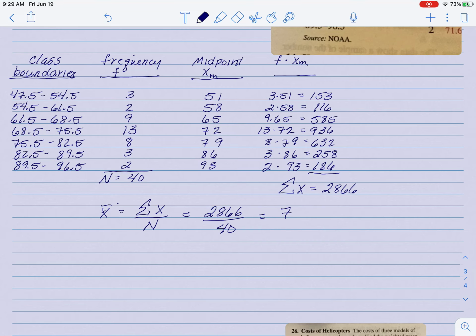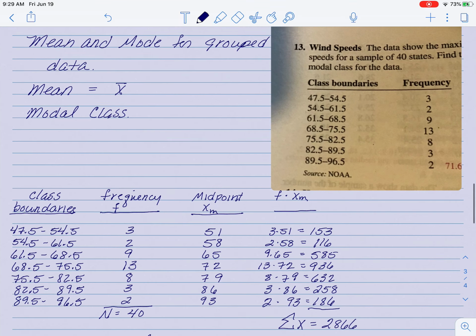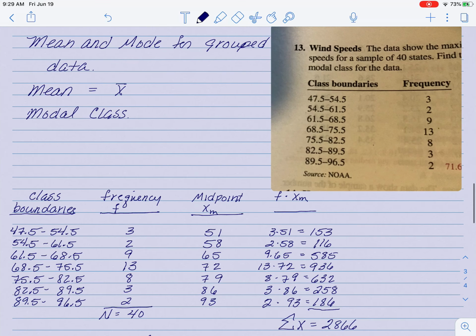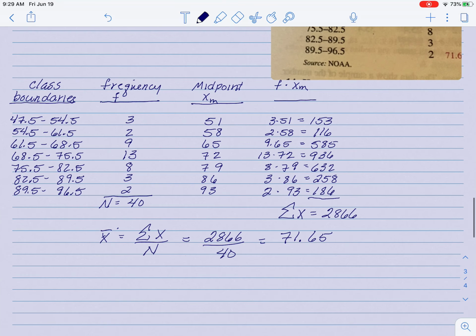So the mean is 71.65. And if we look up here, I think this shows the maximum speeds in the 40 states, I think in miles per hour. Okay, so that's how we find the mean of group data.